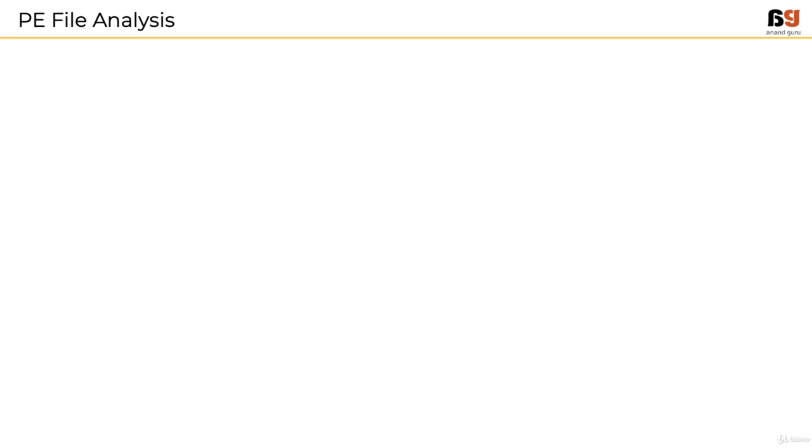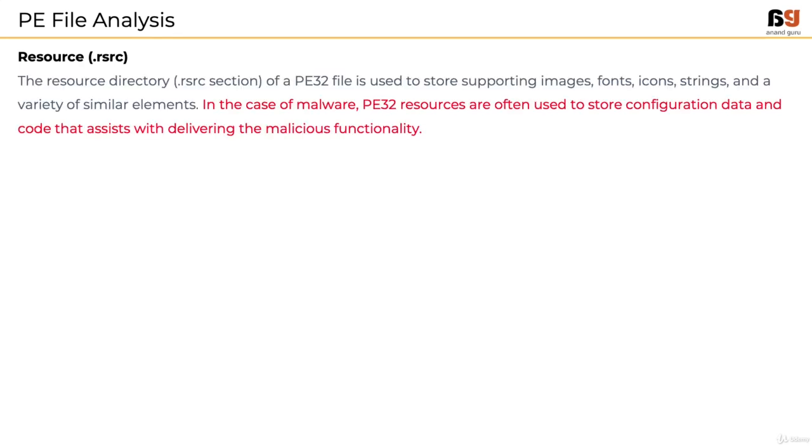Next important section we look into is the resources section denoted by .rsrc. As discussed in earlier modules, this section holds the supporting images, fonts, icons, strings, etc. A malware could use the resource section to store configuration data and code that assists in malicious functionality.